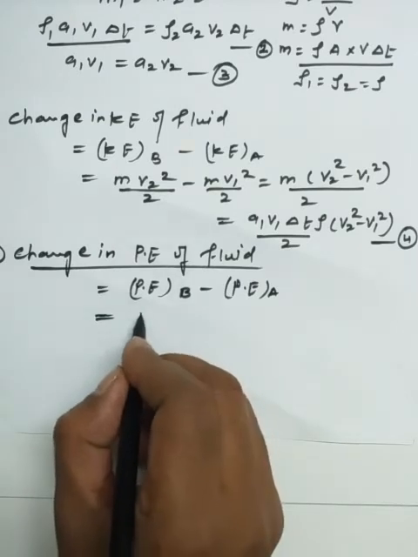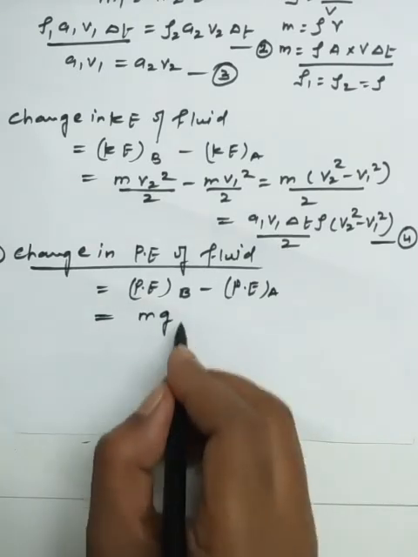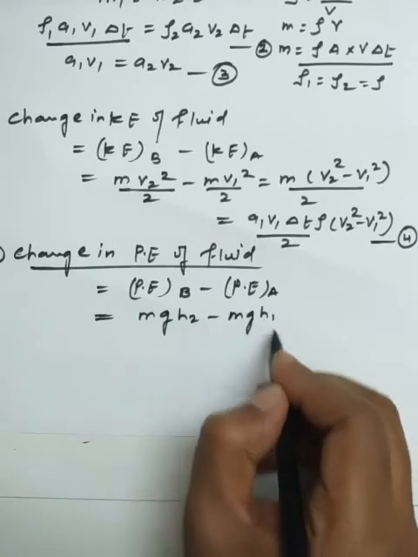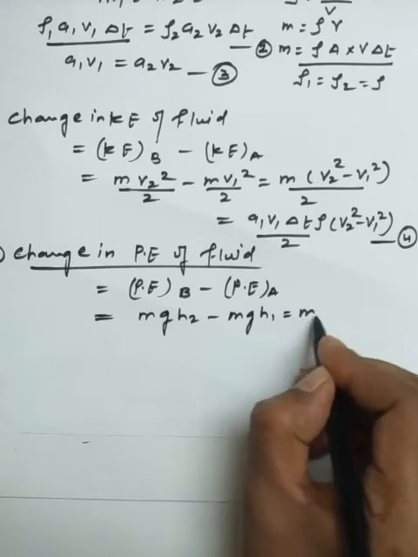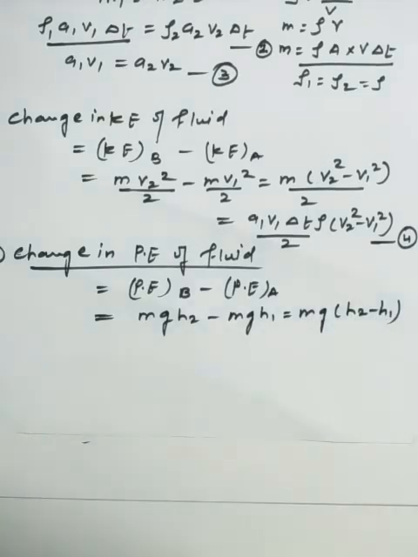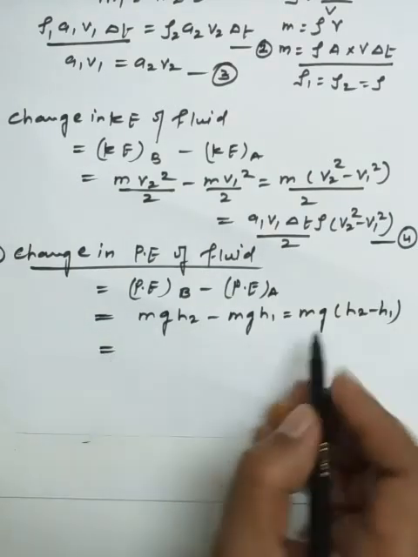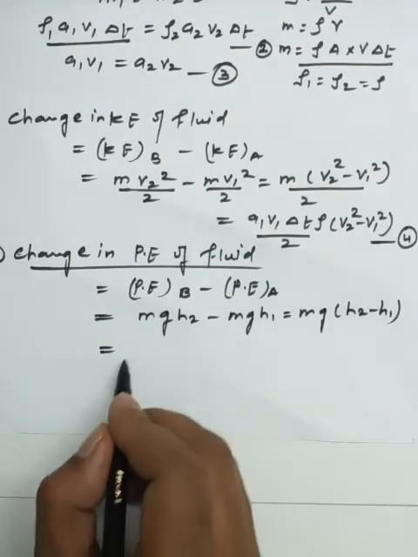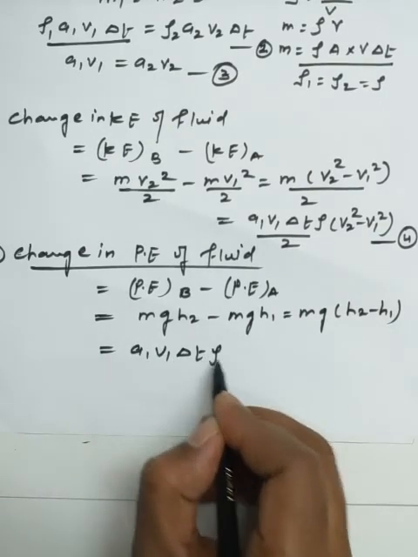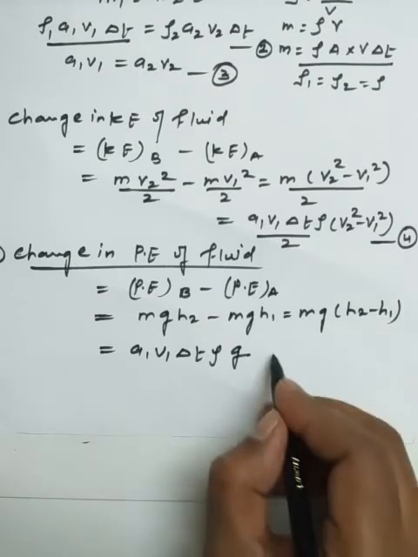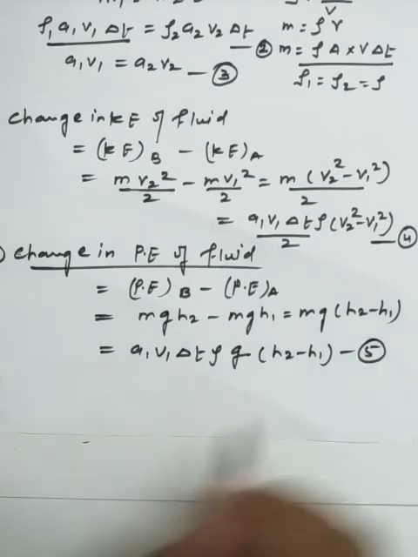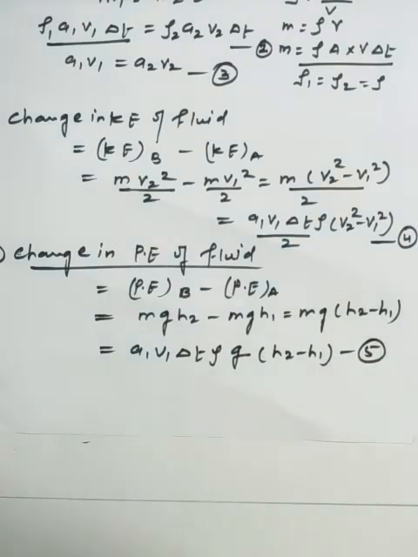The change in potential energy of the fluid is the potential energy at B minus the potential energy at A. Here we use the simplest formula: m g h2 minus m g h1. Taking m g common, we get h2 minus h1. Further representing the mass, I can easily write a1 v1 delta t rho g times h2 minus h1. So this is equation number 5, which gives the change in potential energy of the fluid.